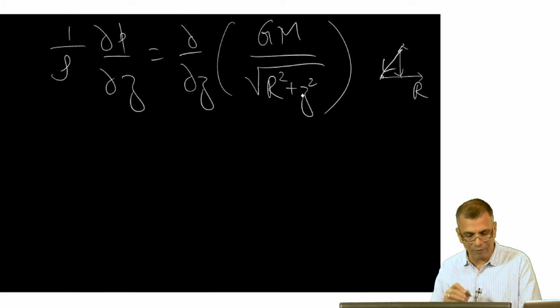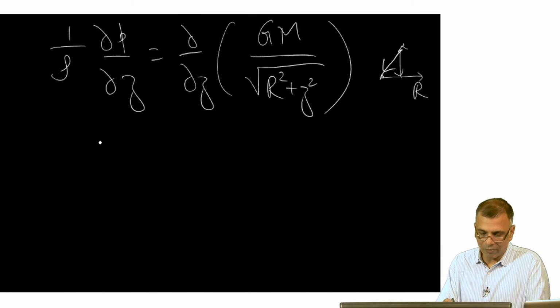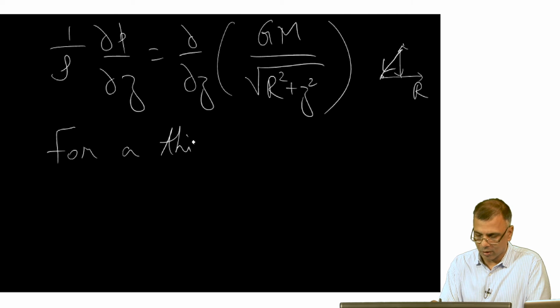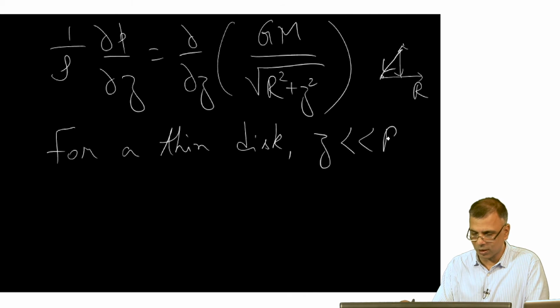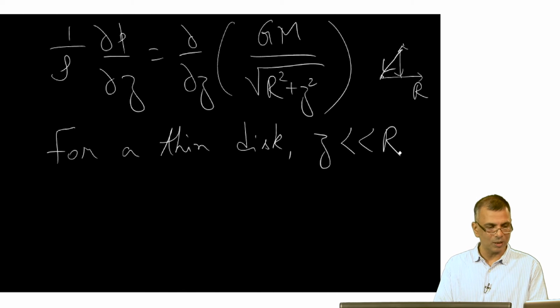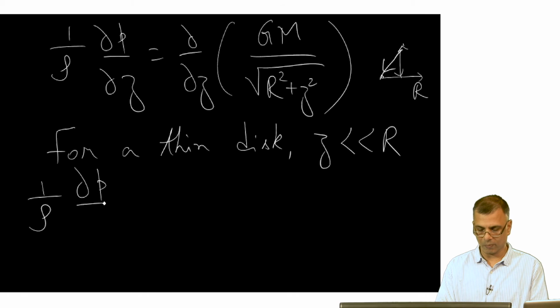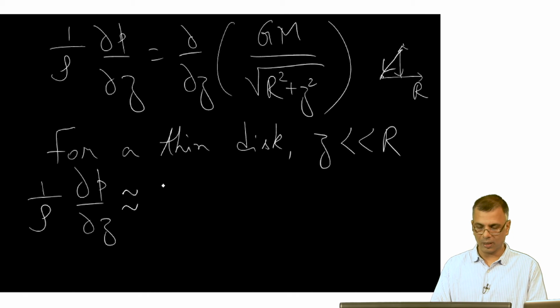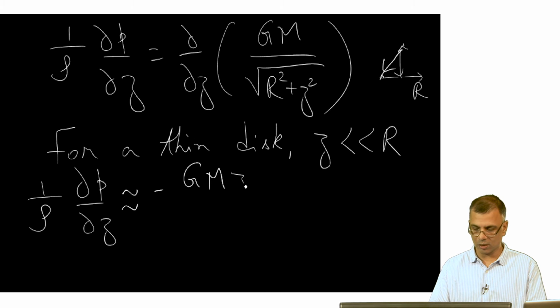But at the same time, having done that, we then recognize that for a thin disk, z is much smaller than r. So, this essentially becomes 1 over rho dp dz, approximately equal to minus GM z over r cubed.